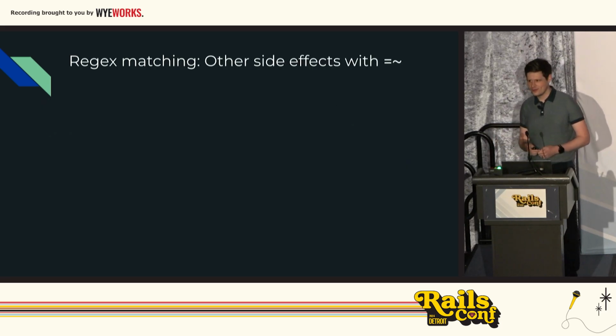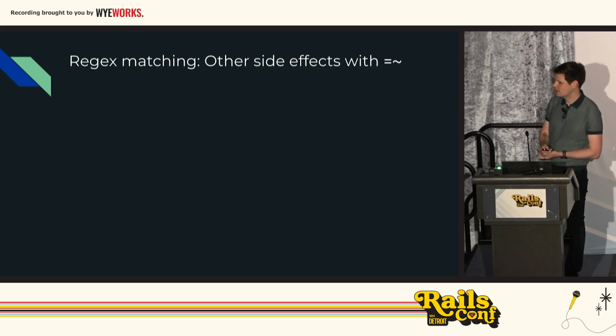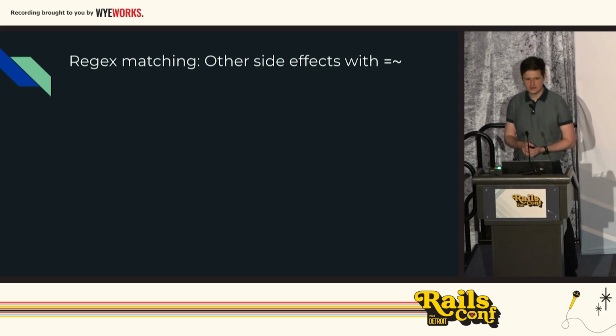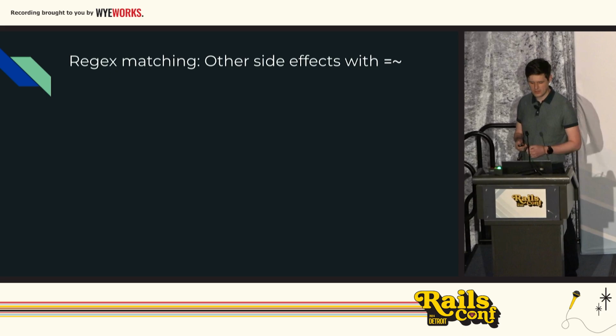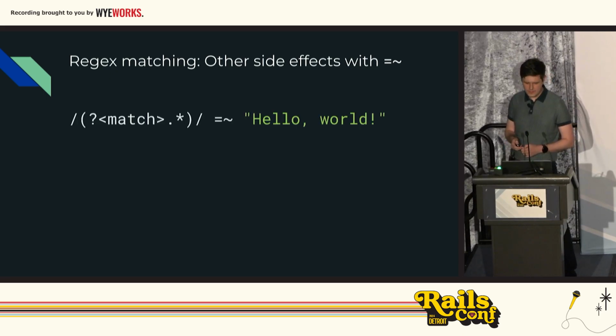All right, so we covered the global variables, but we said that with equals tilde, there was all, not just global variables. And so to look at the different side effects that come into play with this method, we can just look at a very simple regular expression, just basically one big old capture group that puts the entire string in the capture group, calls that capture group match.